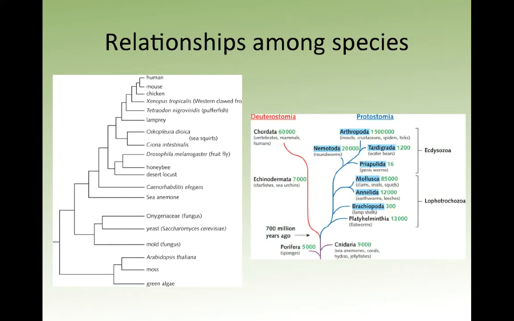Using these types of trees, using molecular markers, we can break these groups out into large groups that we can easily identify, such as the deuterostomia and the protostomia. And you can see here the number of species that we would associate with each of these different groups, right? With arthropods being the most obvious, with the highest number of species.